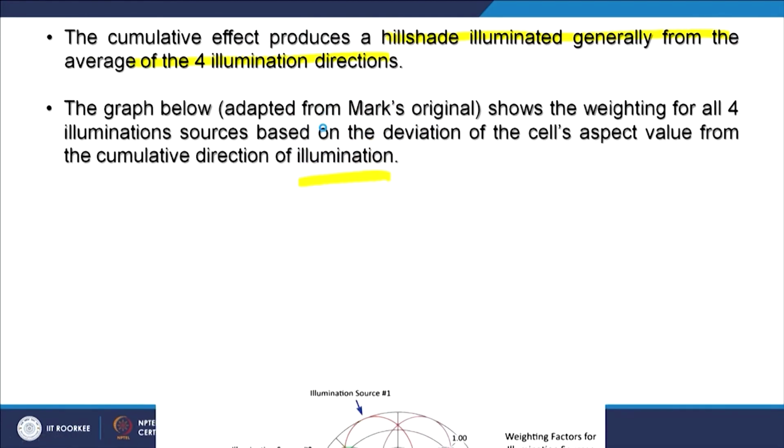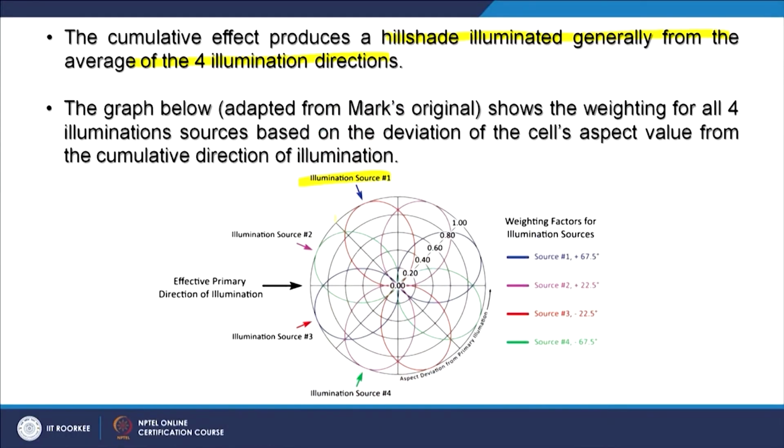So, in this figure, each covers 45 degrees. So, this is 45 degrees and this is what is covered by illumination source 1, this is illumination source 2, this is illumination source 3, and then illumination source 4. So, of course, this is a total of 180 degrees, but if we take the value from here and here, this would be 135 degrees only. So, this much it will cover.